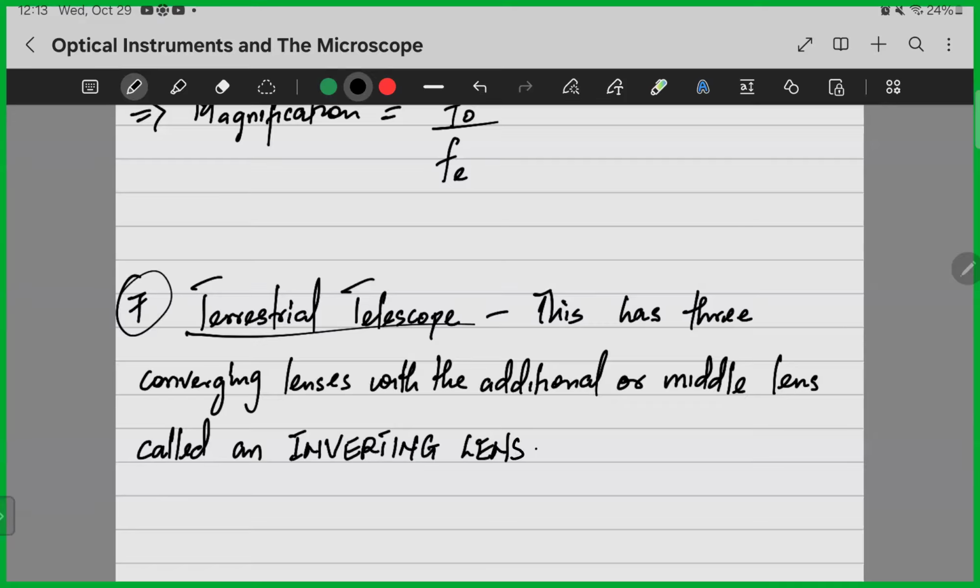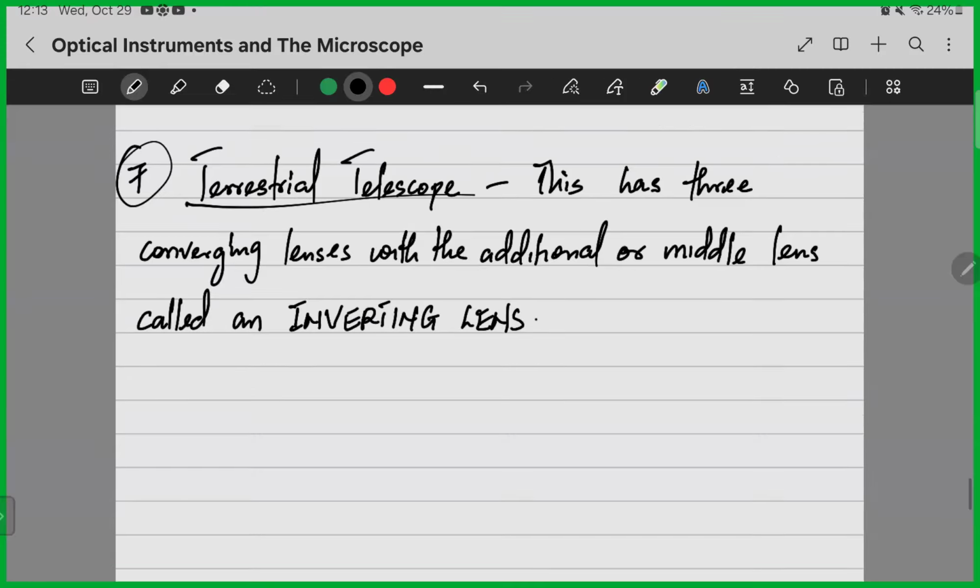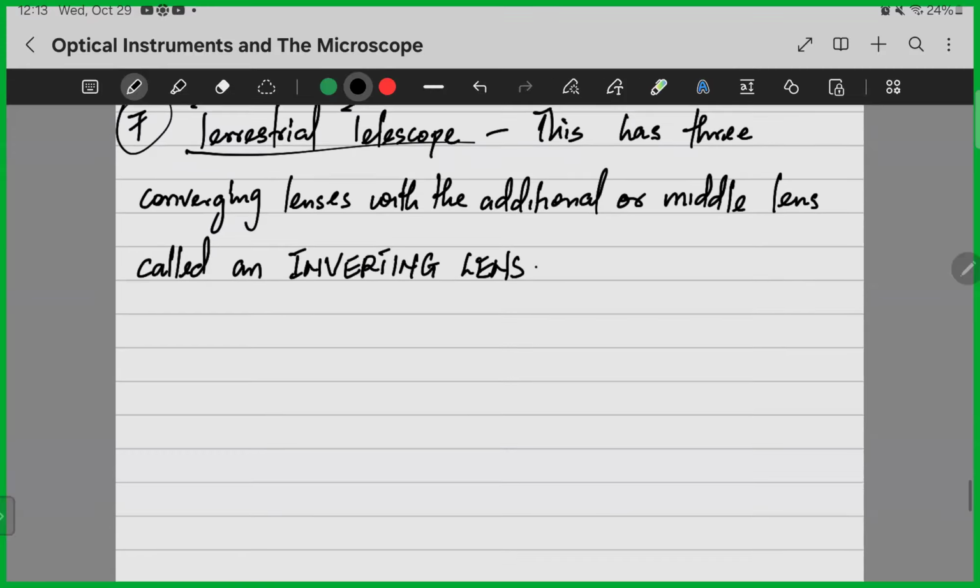Take note of that. Normally we have three lenses and then an additional middle lens called the inverting lens.